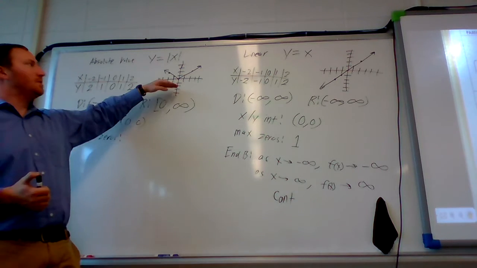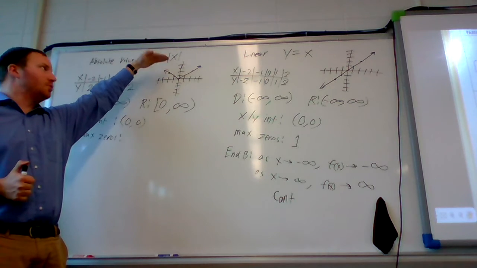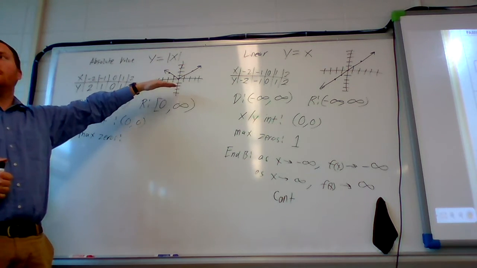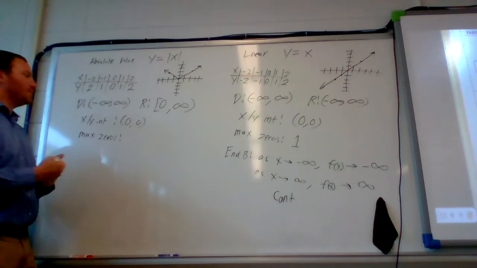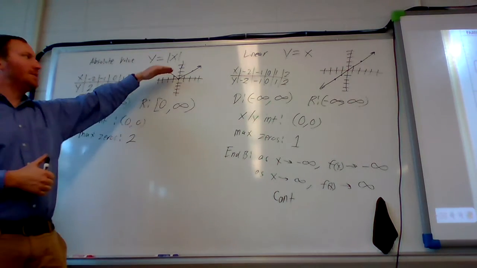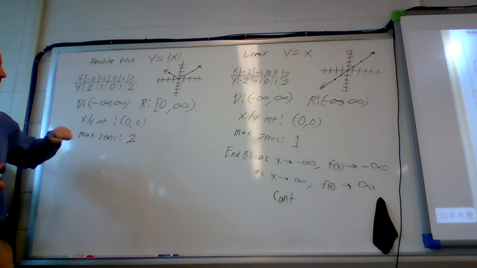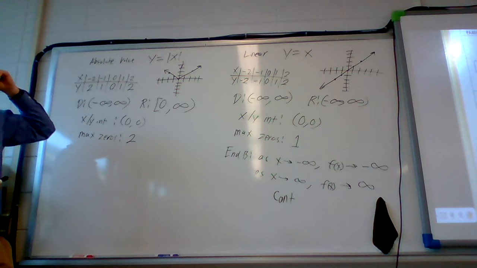So like say if we shift it up, how many times are we going to cross that x-axis? 0 times. What if we shift it down? 2. So our maximum amount of zeros is 2. All right, if we move this down, I'm going to cross the x-axis in 2 spots.